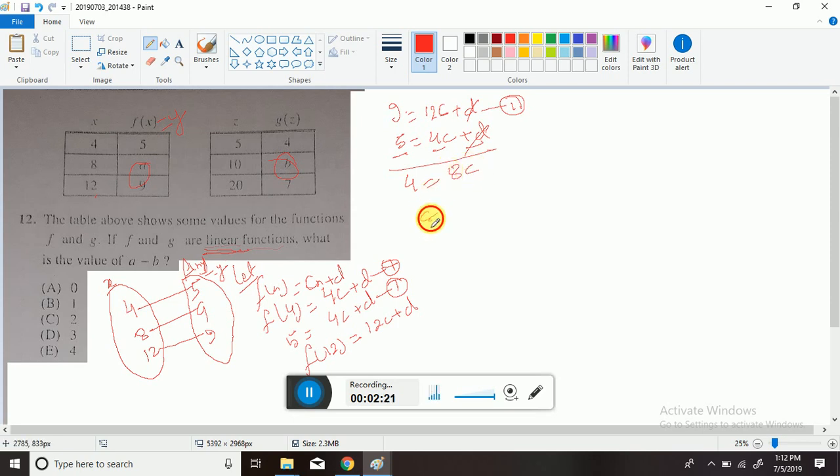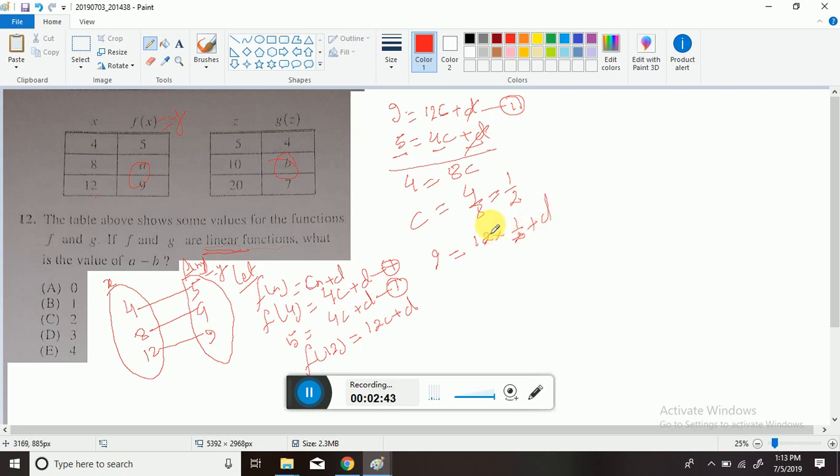So what is the value of c then? C equals 4 by 8 equals 1 by 2. Now replacing this value of c in any one of the equations, let us put it in equation 2. 9 equals 12 into 1 by 2 plus d.